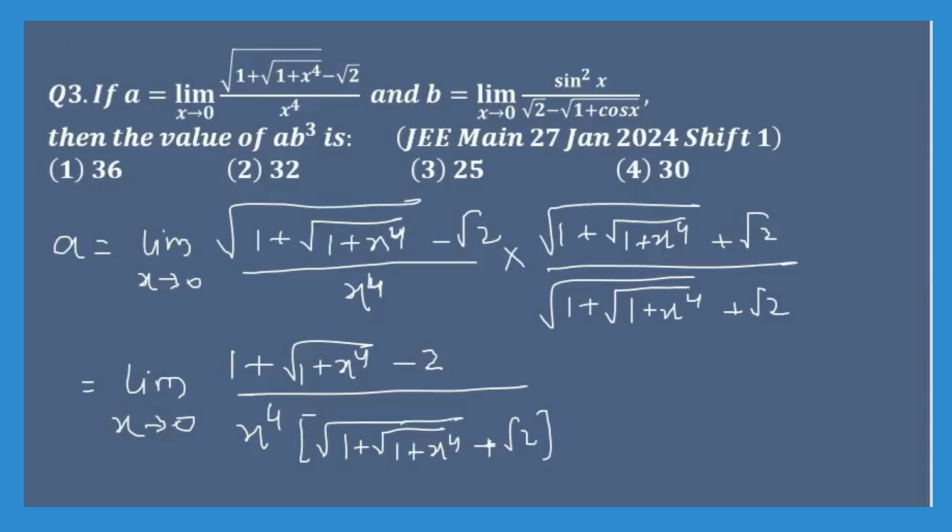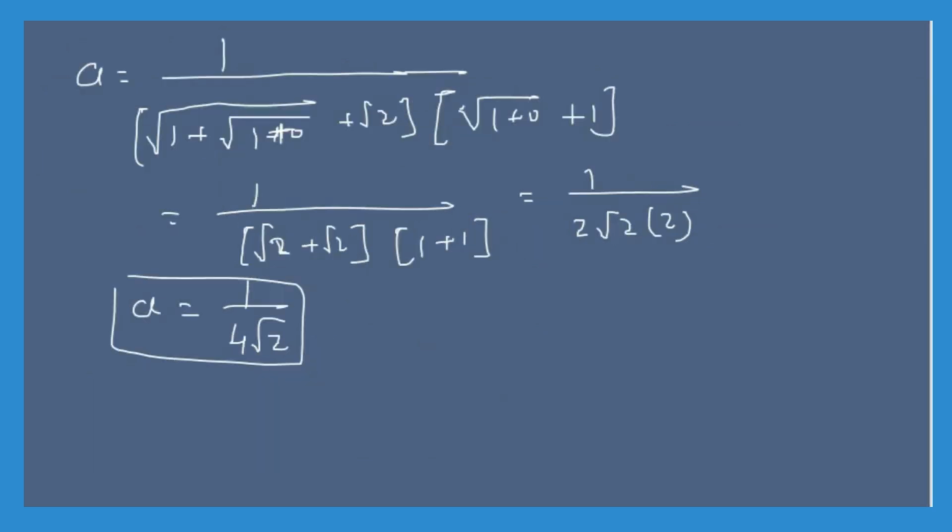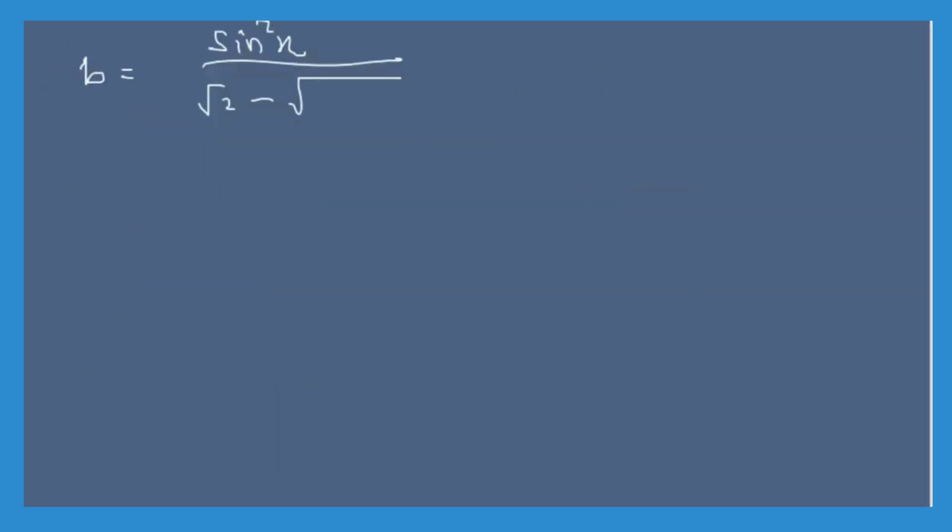So I write here b equal to sine square x by root 2 minus under root 1 plus cos x, limit x tends to 0. To simplify this, I will use the trigonometric formula, some multiple angle formula.